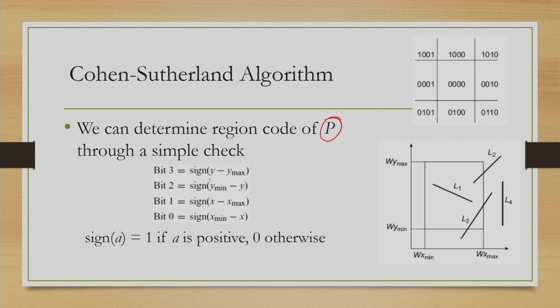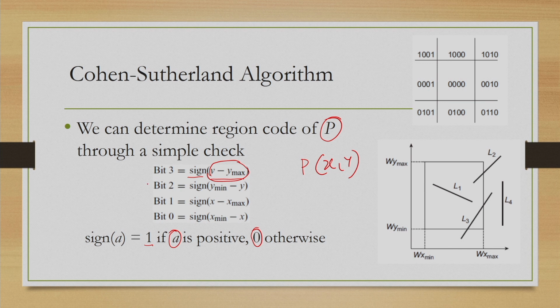We check the sign of the difference between y and y max. P has coordinates x and y, and x max, y max, x min, y min are the window boundaries. So, we take the difference of y and y max and check its sign. The sign of this quantity will give us a result 1 if this quantity is positive, otherwise it is 0 in case of negative.